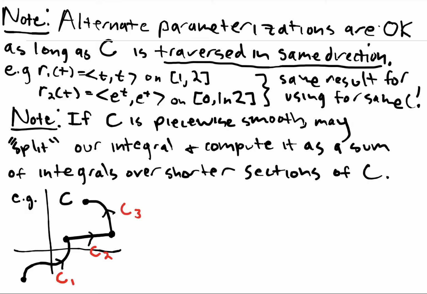This kind of looks like a piecewise function. What I'm going to go ahead and note in this particular example, if you have a setup like that for your curve, as long as you're not jumping points, if you can actually trace this from start to end without lifting up your pen, this is okay. You can split up your integral to compute this if need be.